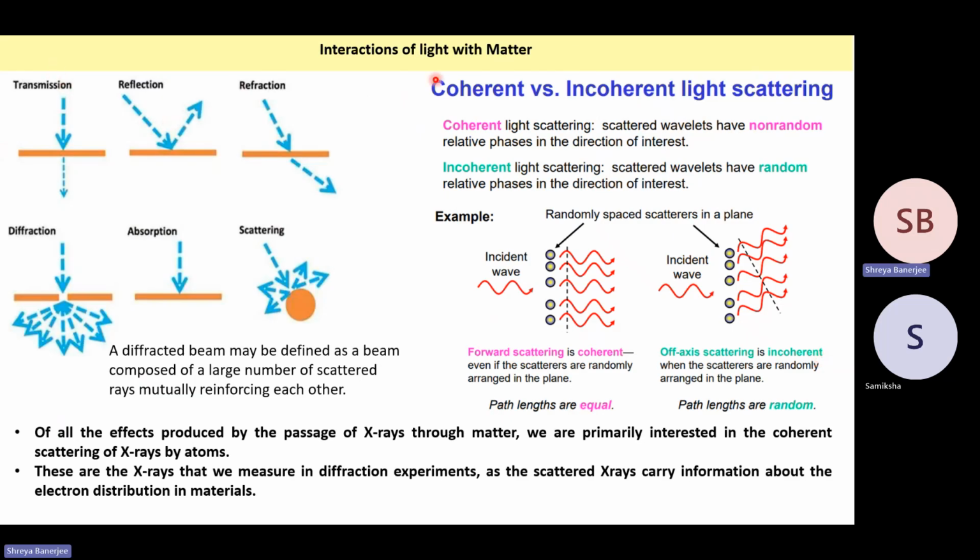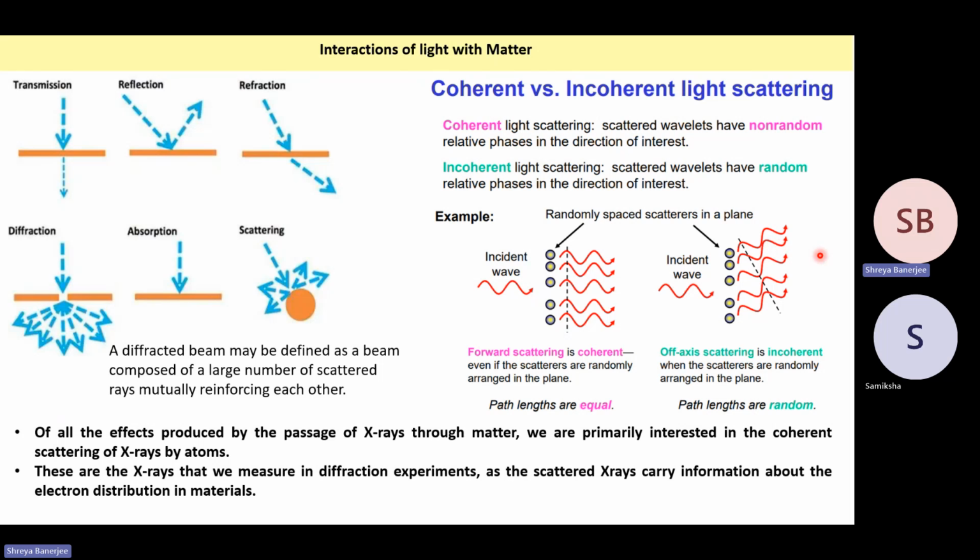And you can have coherent or incoherent light scattering. In coherent light scattering, the scattered wavelets have non-random relative phases. So you can see this is the incident wave, and in the scattered wave, all of them have the same phase. In incoherent light scattering, the scattered waves all have different phases.